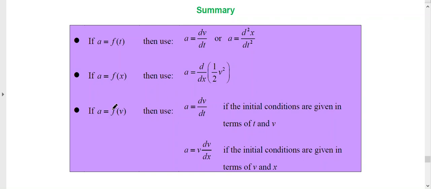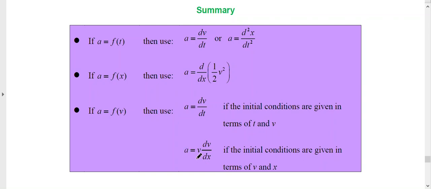If acceleration is a function of v, then you could use one of these two formulas here, dv dt. Okay, so we would use that one if the initial conditions are given in terms of t and v to match these two variables like dv dt. Okay, or we could use this final formula for acceleration.